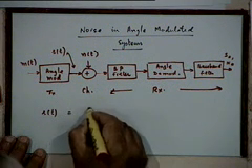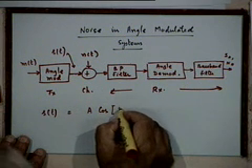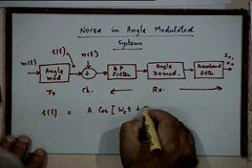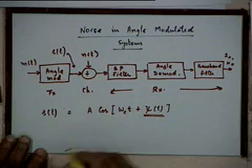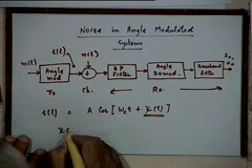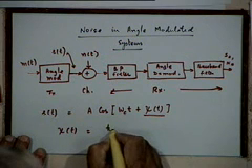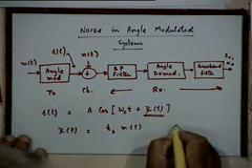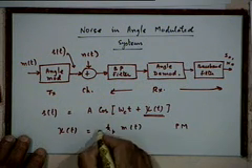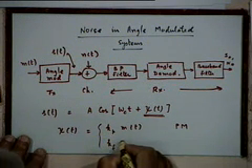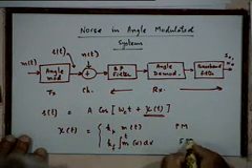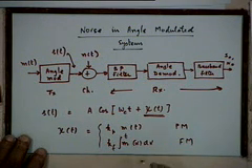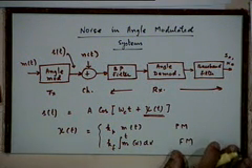This has a form A cosine(omega_c t plus some waveform psi(t)), which contains your intelligence, right, where the waveform psi(t) is equal to k_p times m(t) if you are working with phase modulated systems, and it will be k_f times the integral of m(t) when you are working with frequency modulated systems, right. m(t) is the message. This is the model with which you have to work now.